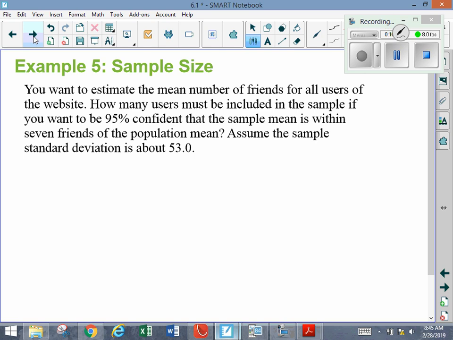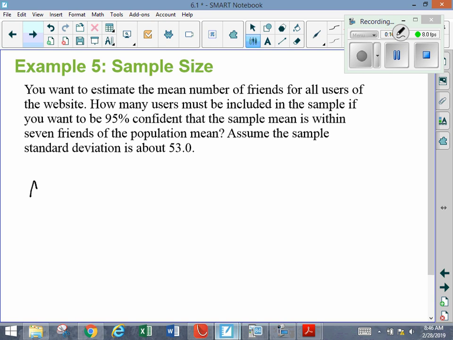So let's go ahead and do a problem. All right, so our formula says, and actually I'm going to go ahead and derive their formula real quick.